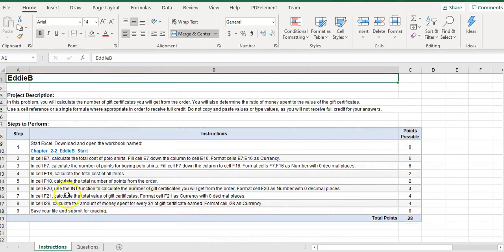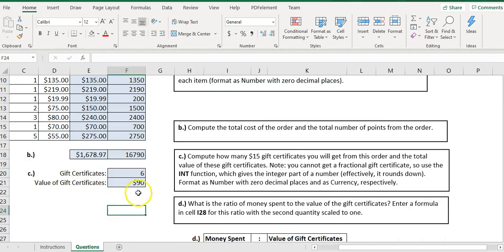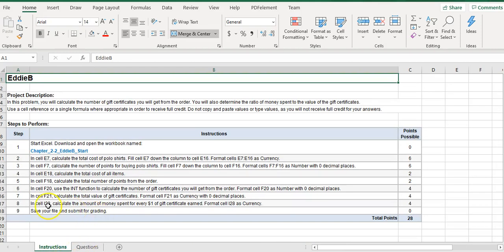All right, and then we calculated the value of our gift certificates, and it's currency with 0 decimal places. So we have currency, and I know it's currency because it's got a $ sign in front of it, and no decimal places. All right, and our last step, it says calculate the amount of money spent for every $1 of gift certificates earned. Format cell I-28 as currency.